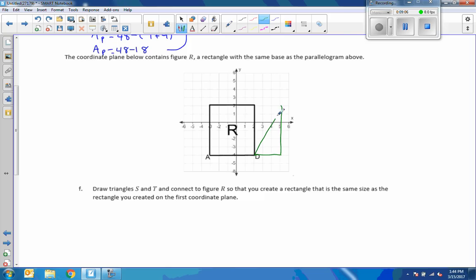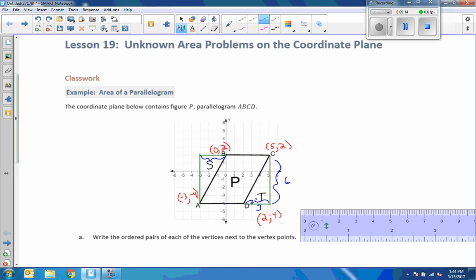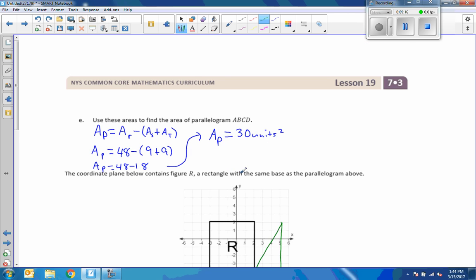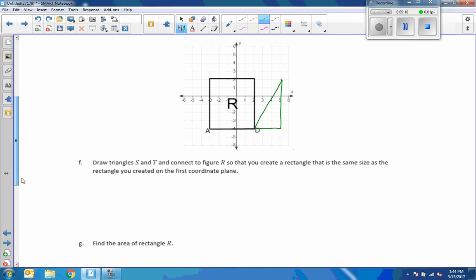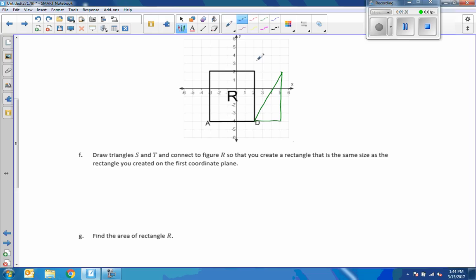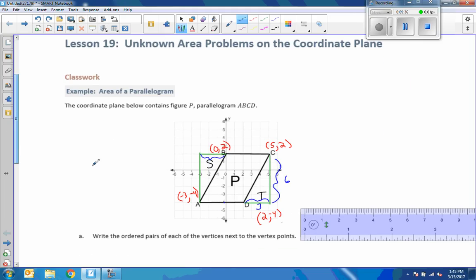And then this diagonal over here, so that would be, let's make sure they're going the same way, that would be T. Okay, so we label that with black. That's T. Now if I were to do the same thing, make another triangle, base 3, height 6 here. Now this is triangle S.